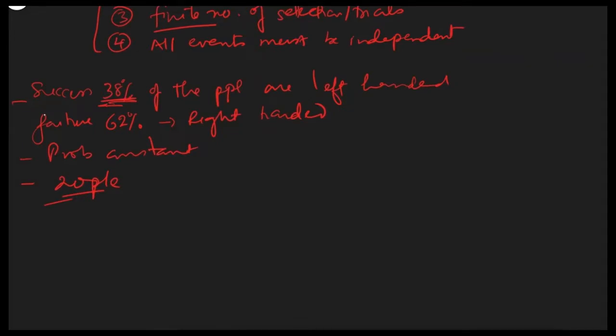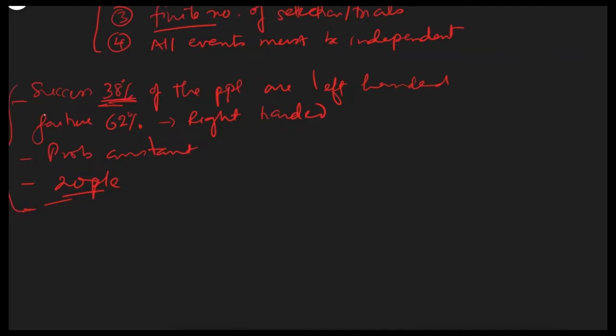That's why the third condition is also met. And fourth, if I select one person and then select the second person, there is no effect of the first person, whether he's left-handed or right-handed, on the second person. So all the events are independent, and that's why all four conditions are met.